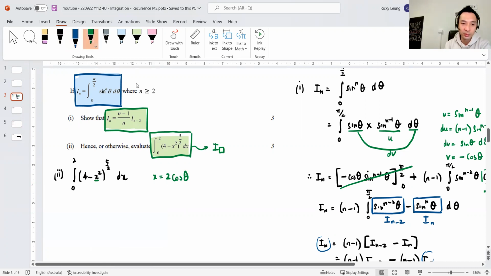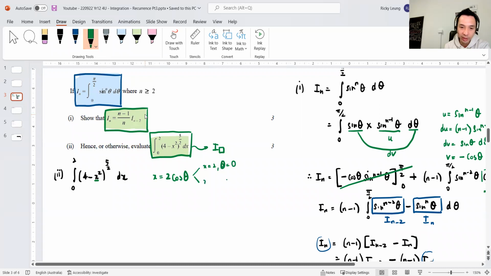So once we go here, there's a couple of things that happen. Firstly, the limits get changed, right? So when x used to equal 2, if x equals 2, cos theta equals 1, and theta is 0, right? So not u, theta.